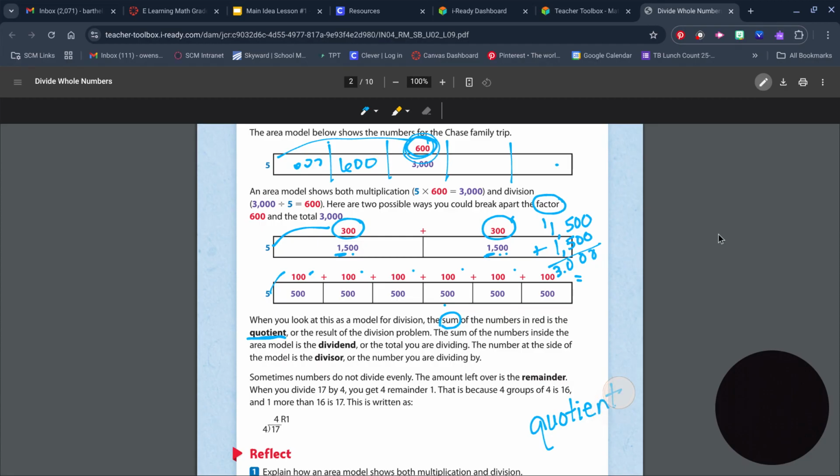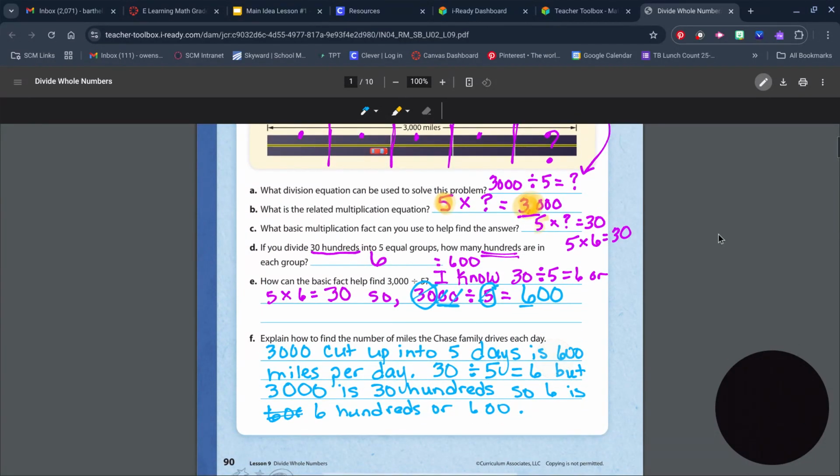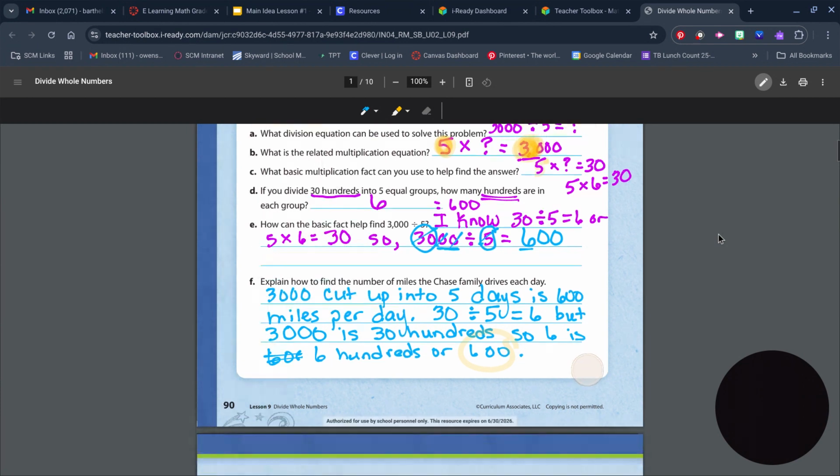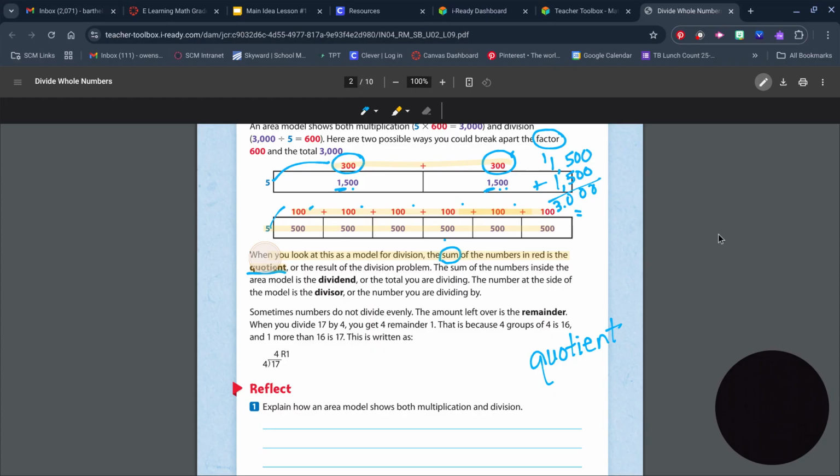So every single time they broke up 600, because 600 was the quotient in the last problem. See, that equals 600. And this equals 600. Each time they broke up the answer up here, the 600, because 600 is the quotient, or the answer to a division problem.